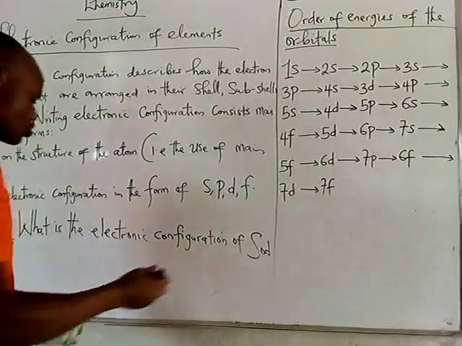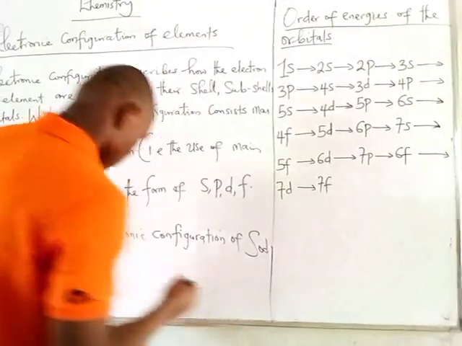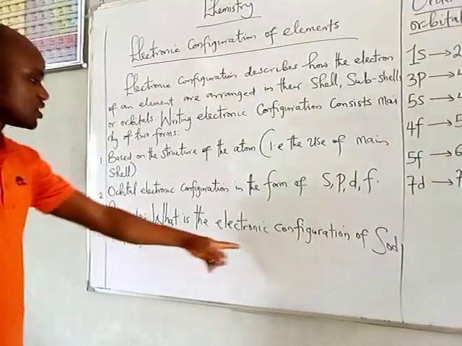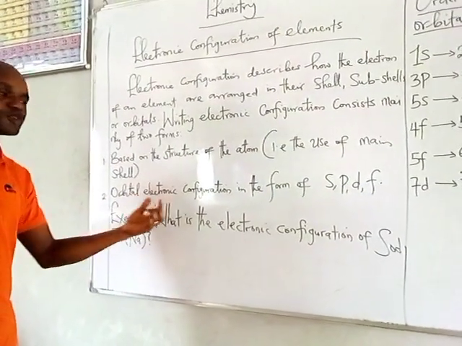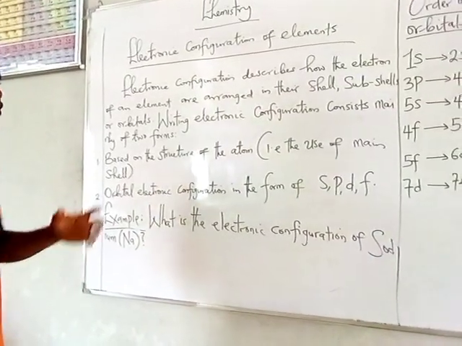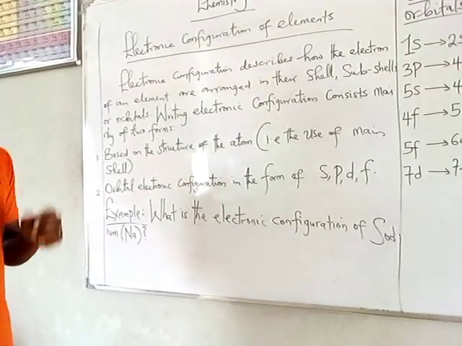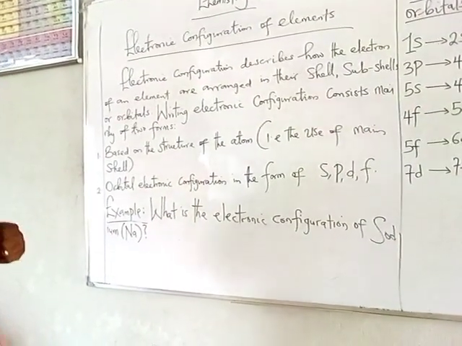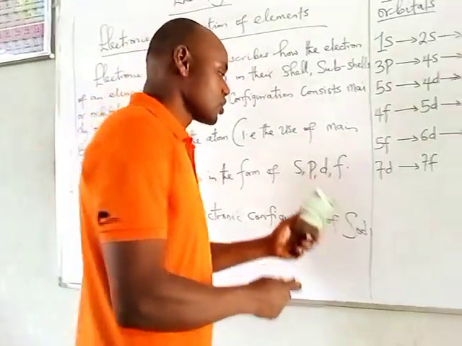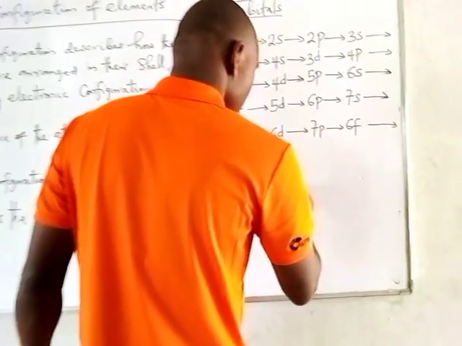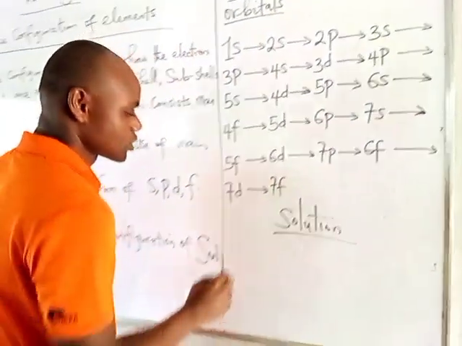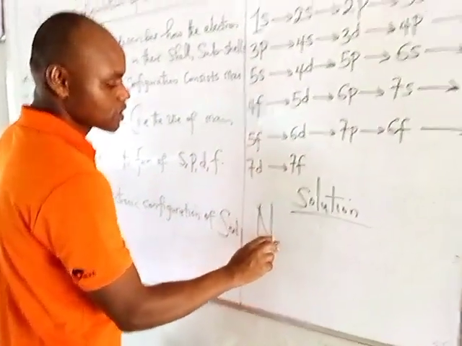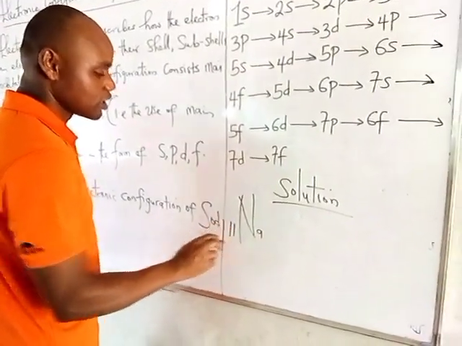Now we are going back to the question. What is the electronic configuration of sodium? I want to make use of the second method, which is the use of SPDF. Sodium has atomic number of 11.